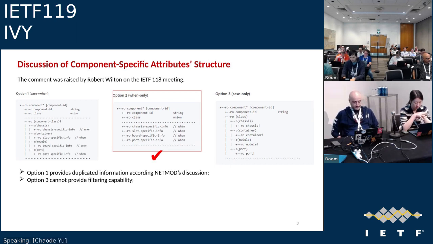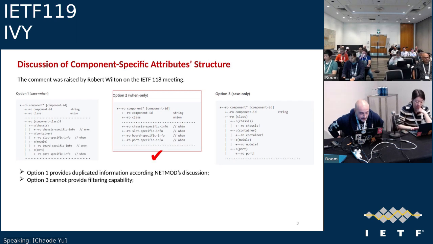And for option 3, we remove the class attributes, but we found that if the class attribute is removed, the filtering capability will be missing if the client wants to retrieve a specific kind of component. So finally, we choose option 2. Next slide, please.